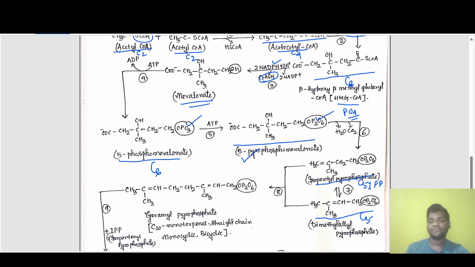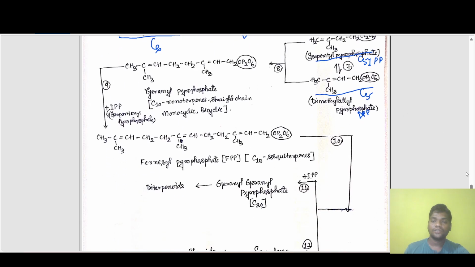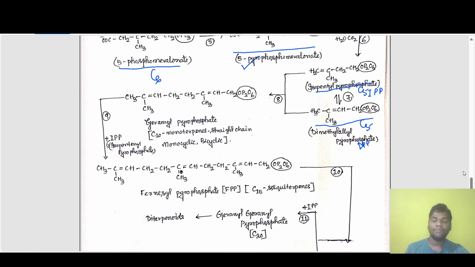At the same time, some amount of this compound is converted to DPP, that is dimethylallyl pyrophosphate. From this point onwards we will just say DPP and IPP. Rather than saying the whole IUPAC name, we will say IPP, which stands for isopentenyl pyrophosphate, and DPP, which represents dimethylallyl pyrophosphate.